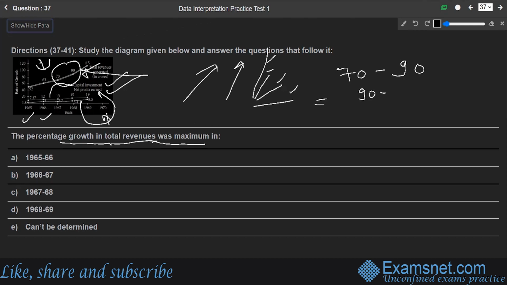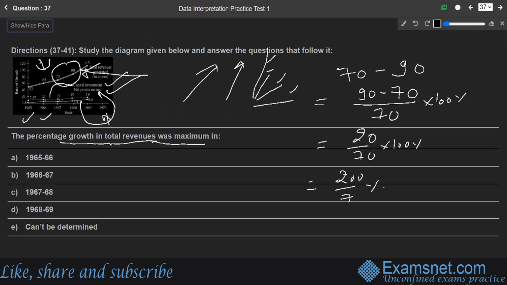Calculating: 90 minus 70 divided by 70 into 100%, which is 20 by 70 into 100%, that is 200 by 7%, which comes out close to 28.7%. So that is the highest percentage growth.